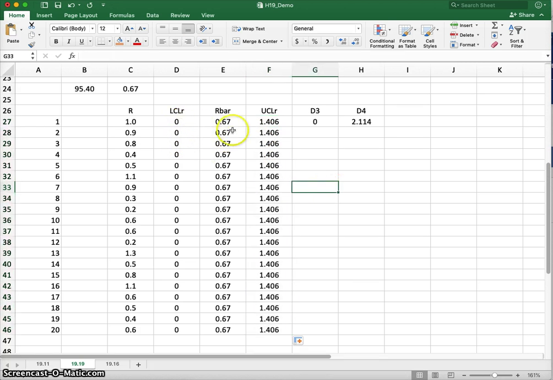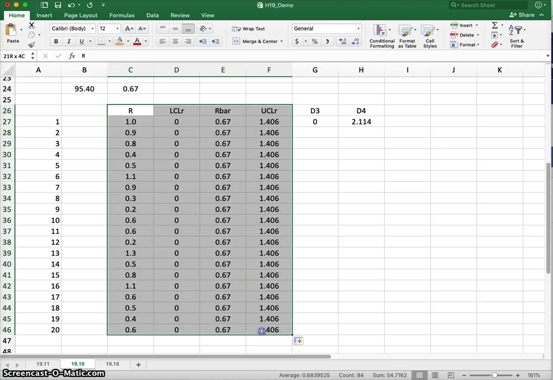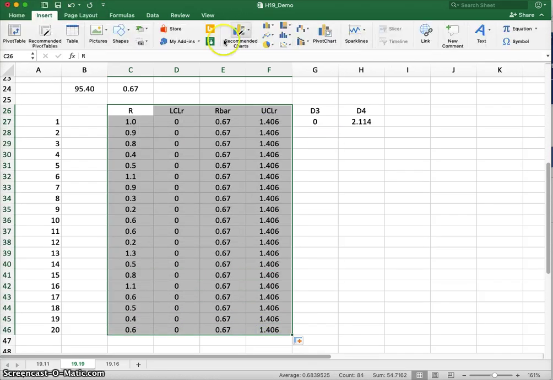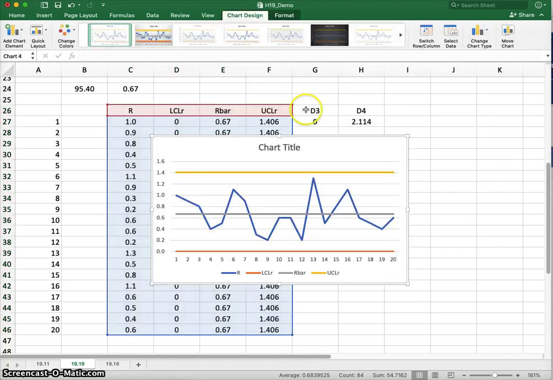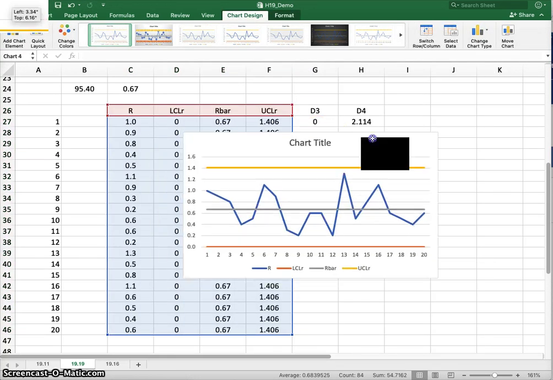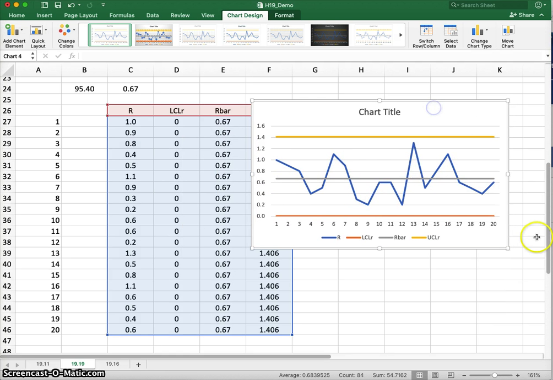Obviously, it can't be less than 0, but if the range is more than 1.406, then it's out of control. So I'm going to chart this also. I'm just going to insert. Here we go. Here's my chart.